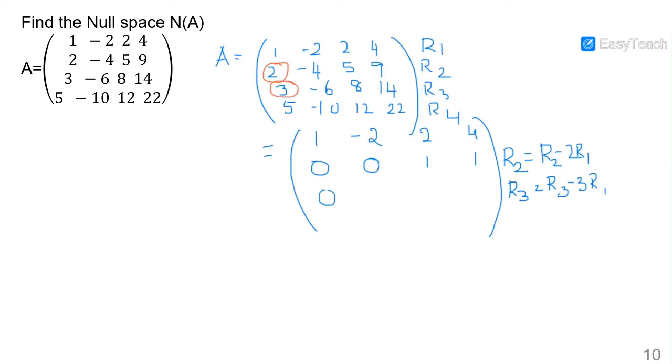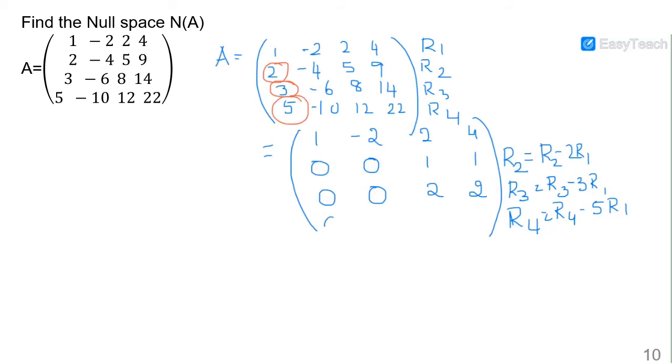So 0, 0, 2, 2. R4 is equal to R4 minus 5 times R1. So the intention is to make this element 0.